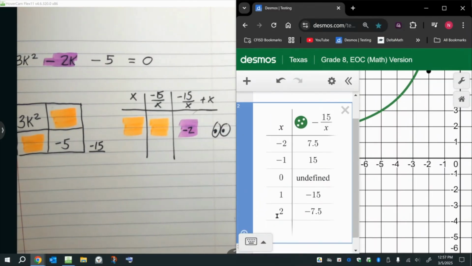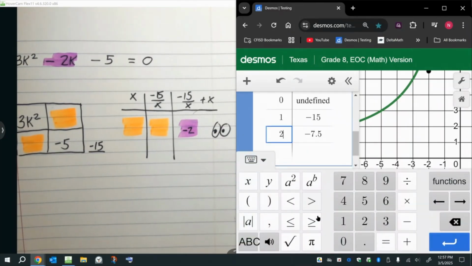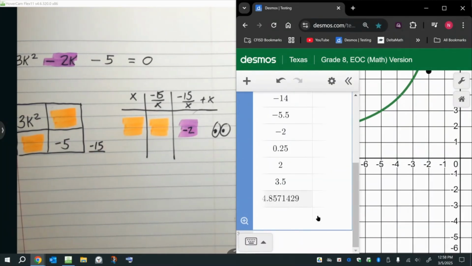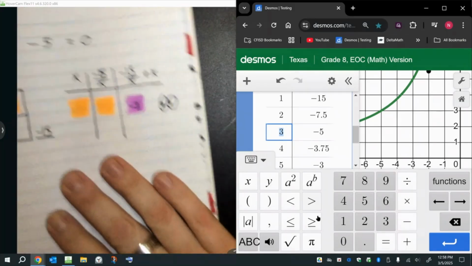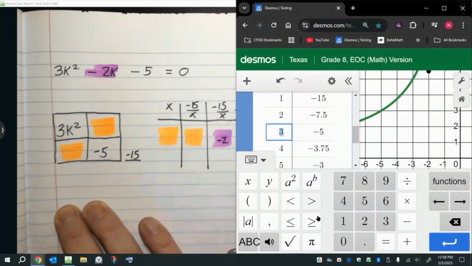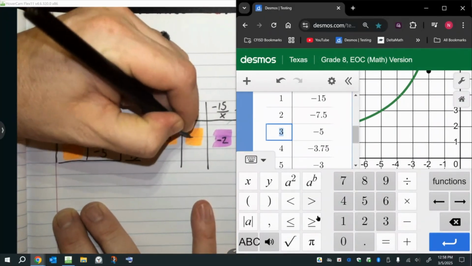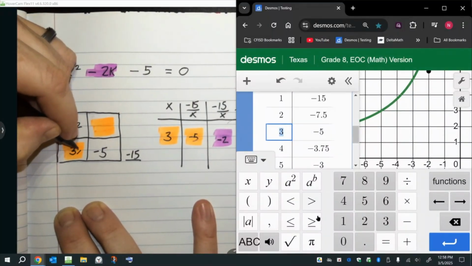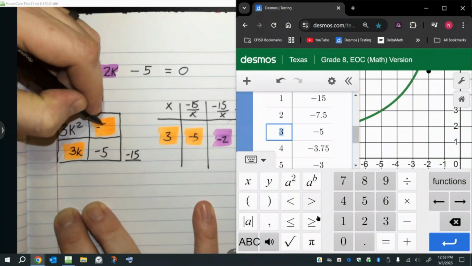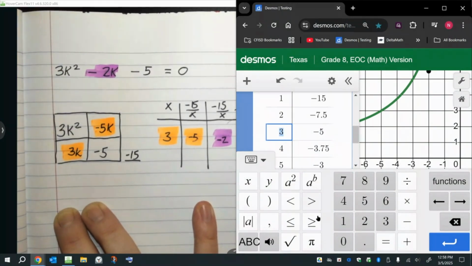I don't see -2. So let's hit enter, enter, enter, enter. Let's go over here, see if we see a -2 yet. Ah, there's a -2. It goes with 3 and -5. So we're going to put a 3 with a K and a -5 with a K.